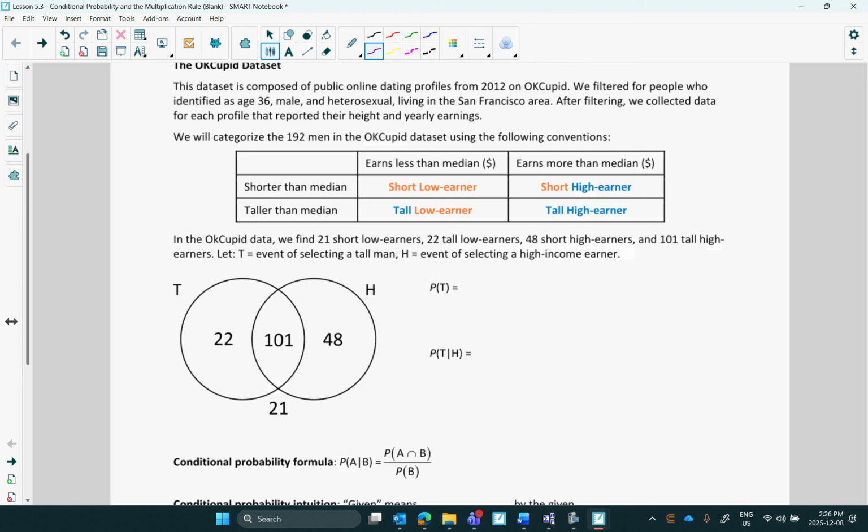Here, it's shown in a Venn diagram, where we've got a circle that represents the tall men, and the other circle that represents the high earners. So as a review, what would be the probability of selecting a tall man? How would I find that from this Venn diagram?